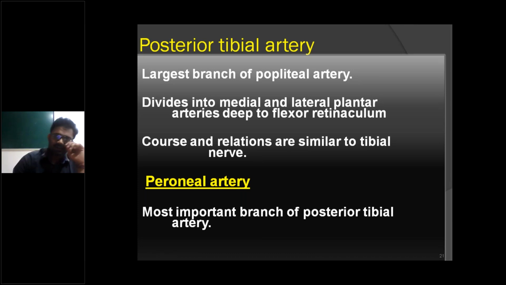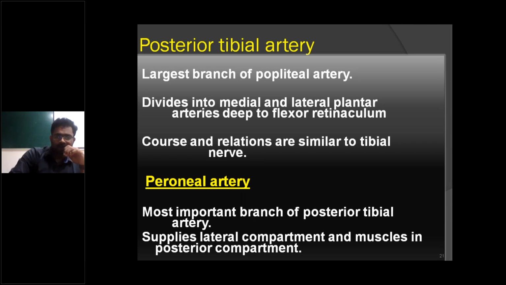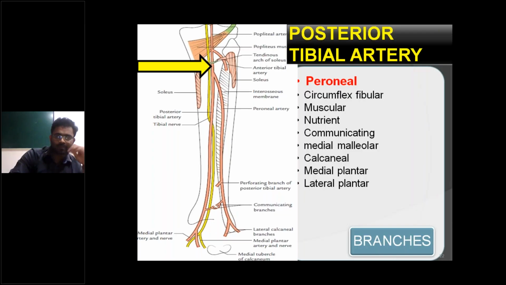This peroneal artery, the largest branch, arises from the posterior tibial. It is the most important branch, and it accompanies the medial crest of the fibula. It supplies the lateral compartment of the leg, and the muscles present in the posterior compartment of the leg.